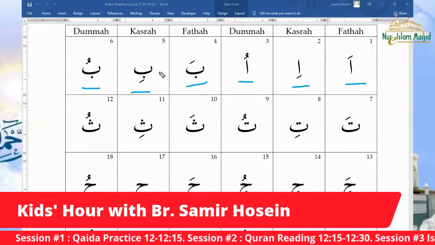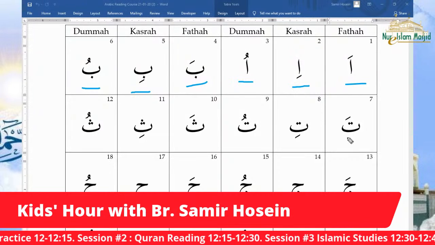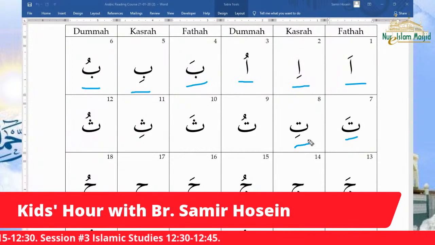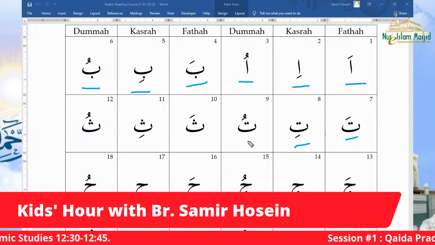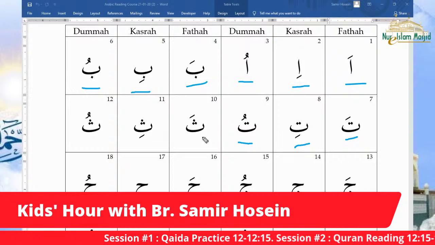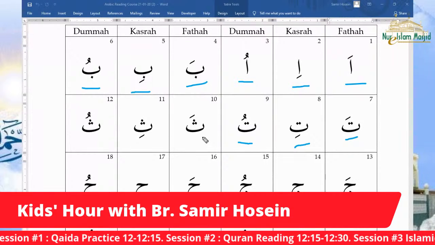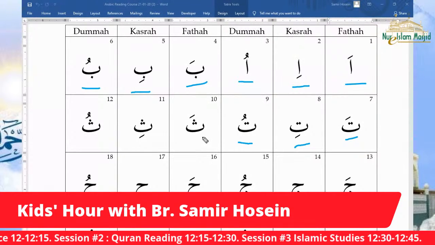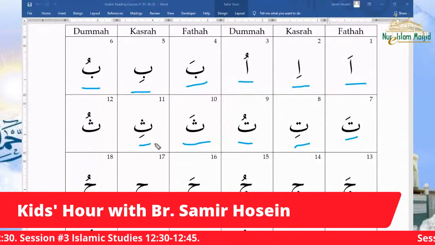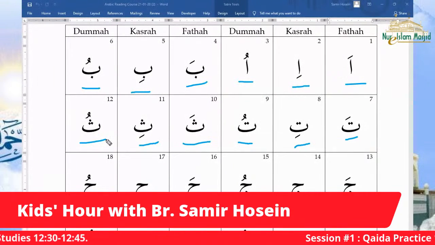Similarly, we have the letter Ta. So we have Ta, Ti, and the U sound, Tu. And finally, we mentioned yesterday that we have the letter Tha. By a similar analogy, no different, Tha, Thi, and Thu.